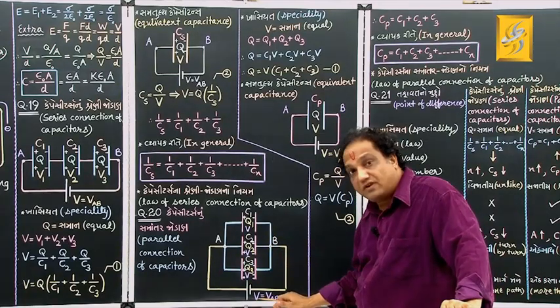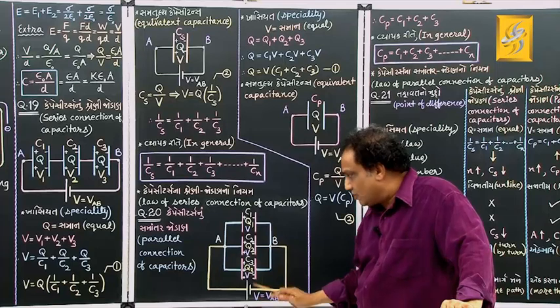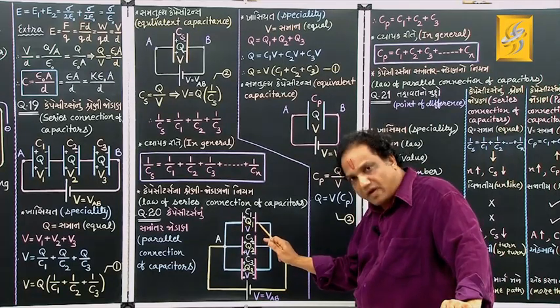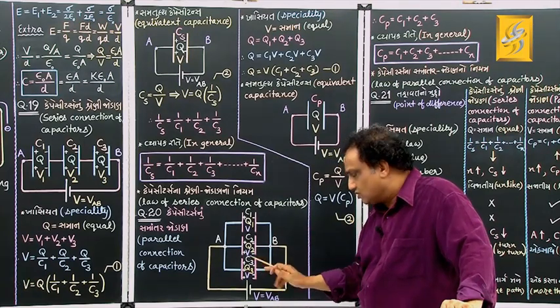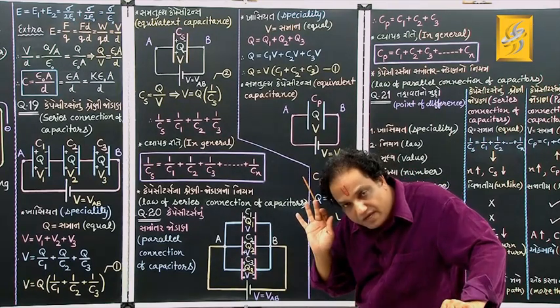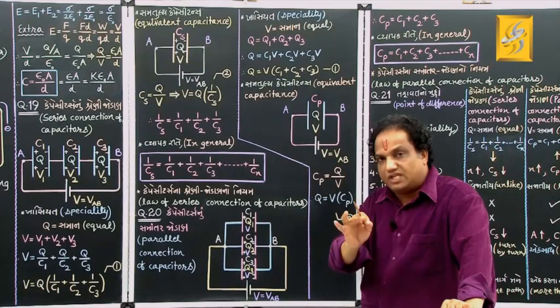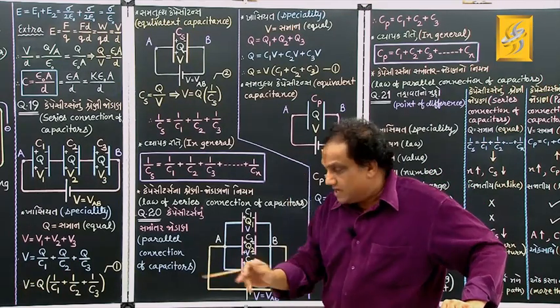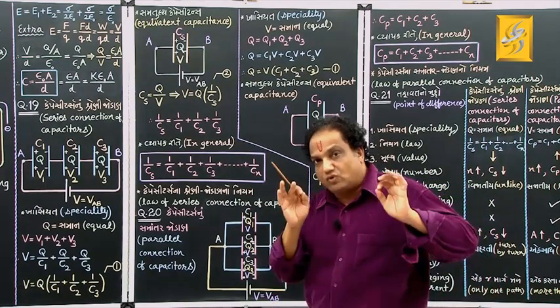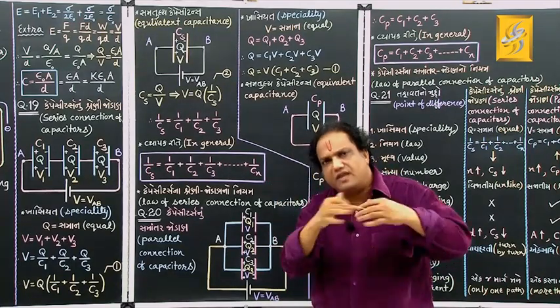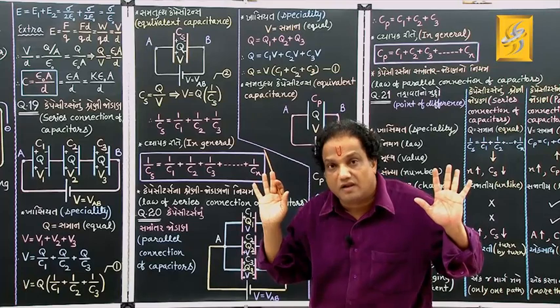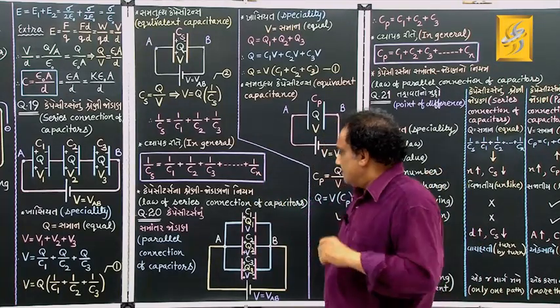It is equal to capital V. So you can say potential difference between these two plates is also capital V, between these two plates also capital V, between these two plates also capital V. Okay. So what I mean to say, irrespective of value of capacitance, in this parallel connection it will always happen that potential difference between the two plates of any capacitor would be equal, correct? Fine.